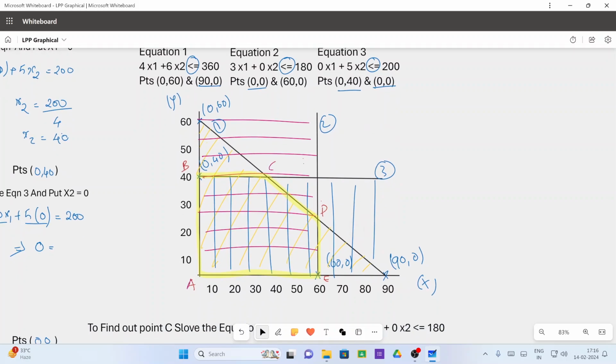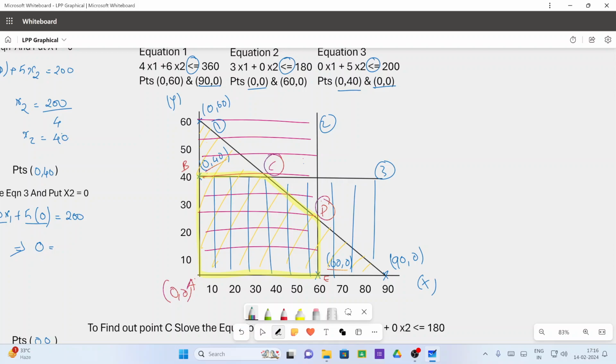Now I need to find these values. For the points A, B and E, A is 0, 0, B is 0, 40, and E is 60, 0. But for C and D I don't have the values.